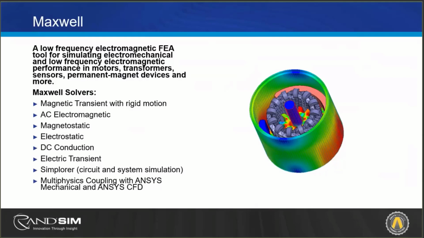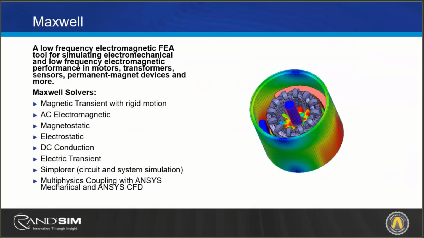And within Maxwell, there are a host of different solvers that you can use to aid your design and find solutions. These range from the static DCs, transient analysis, as well as eddy current and AC analysis.